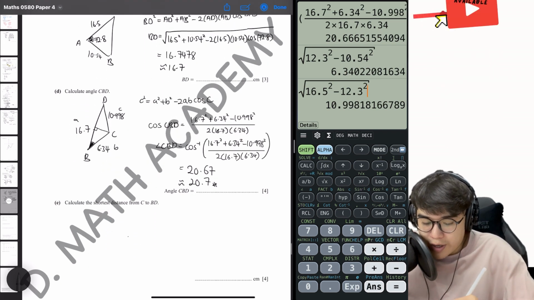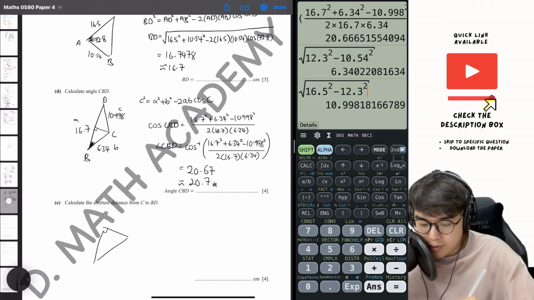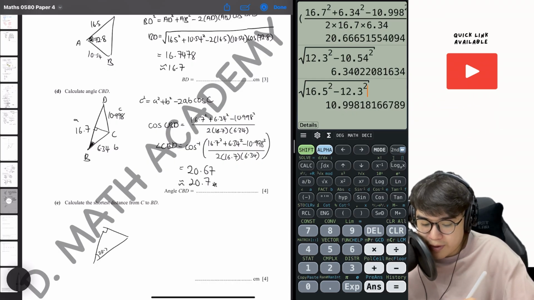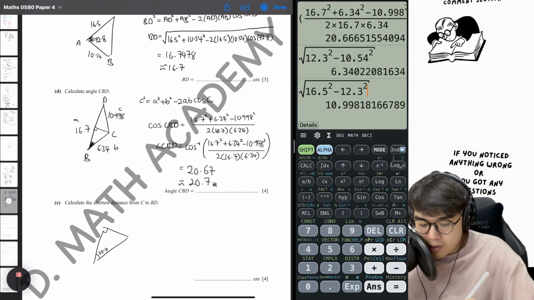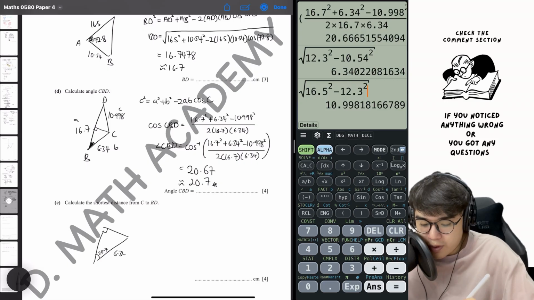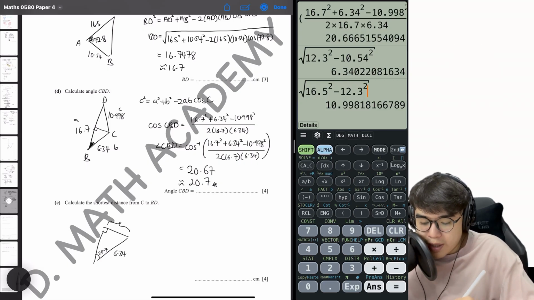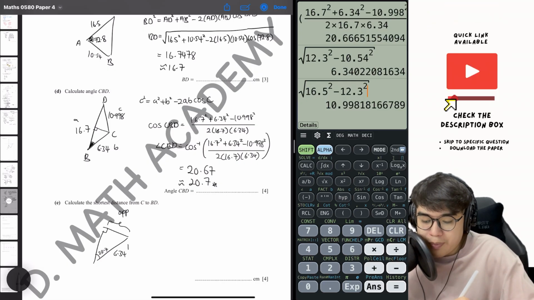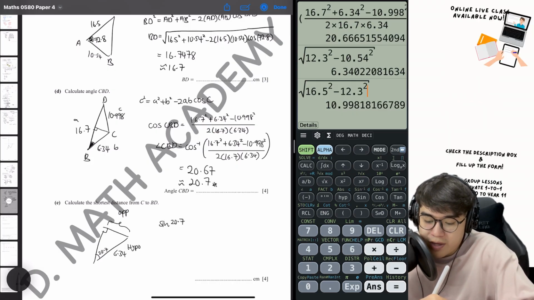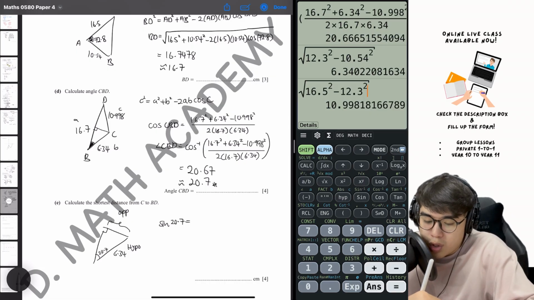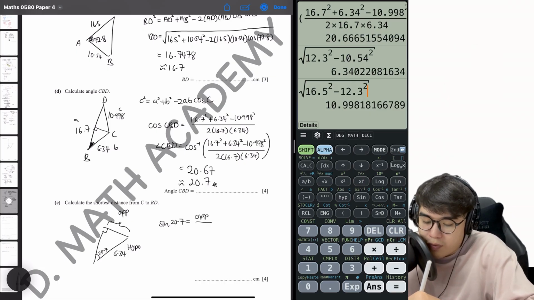So with the right angle triangle, we have 20.7 here. I need 6.34, and they are looking for this part. This is the opposite. There's the hypotenuse. So sine 20.7 equals OPP over 6.34.